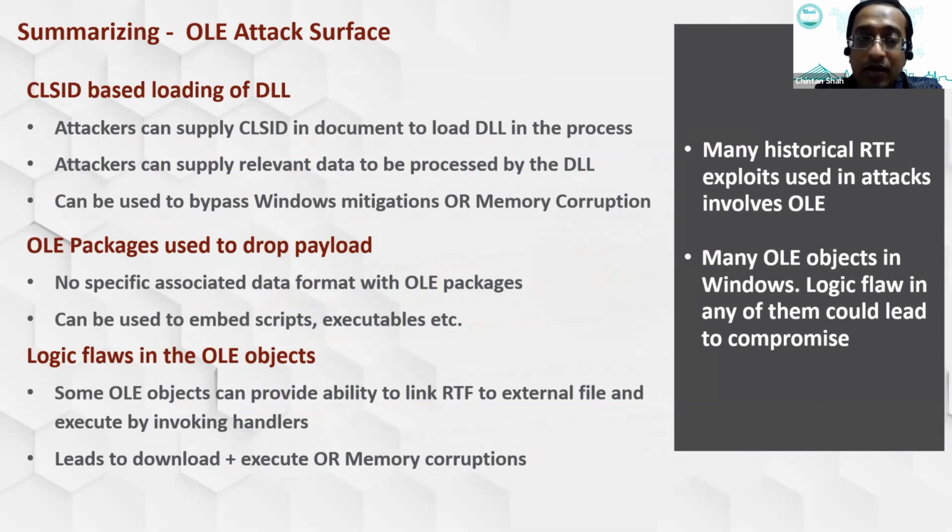They can supply the relevant data to be processed by that DLL, and this DLL could be used to build an entire exploit. It could help attackers bypass Windows mitigations, or exploit memory corruption flaws. So this has been one of the primary attack surfaces.